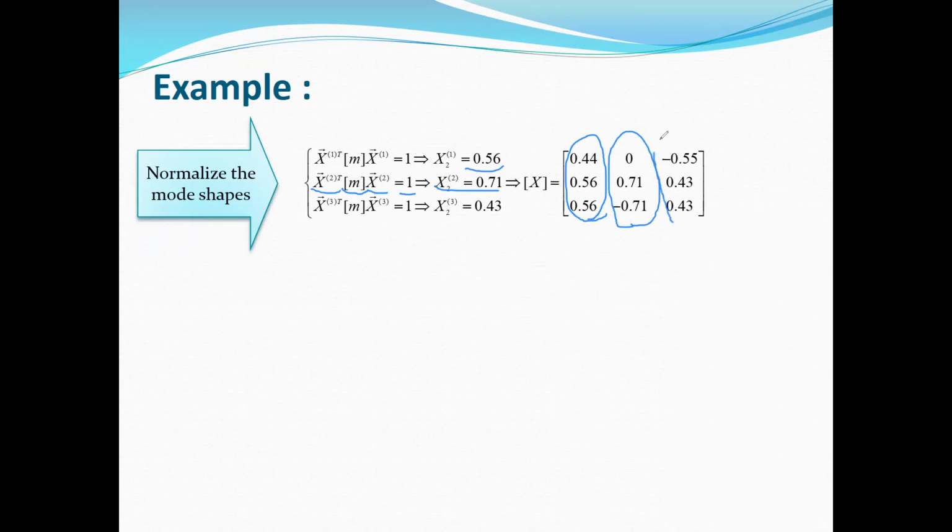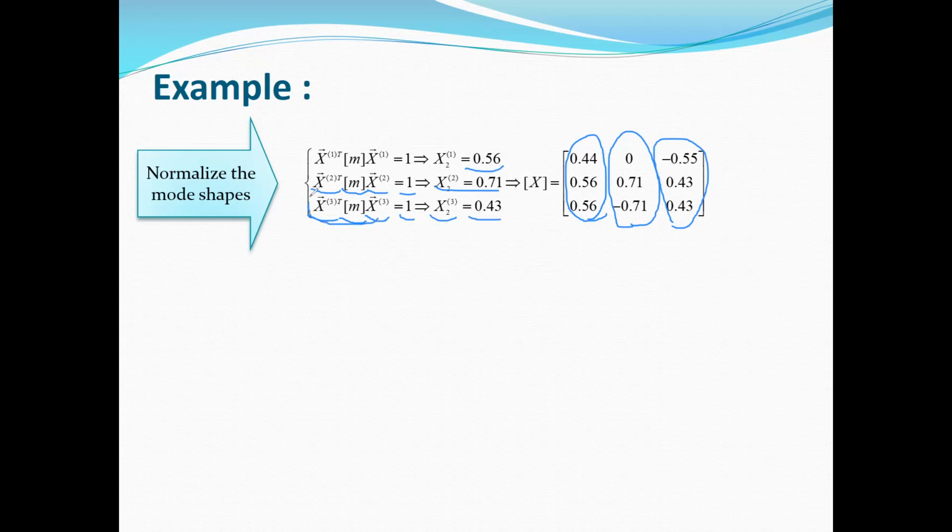And finally, the last column is obtained from the third mode shape: the third mode shape transpose multiplied by matrix M multiplied by the third mode shape must be equal to 1. From this equation, you can obtain that x2 in the third mode shape is equal to 0.43.